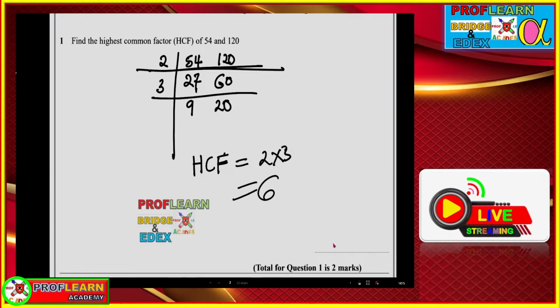So 6 is the highest common factor in this case. So in the event you are given a question to do with finding highest common factor, that's how you are supposed to go about such a question.